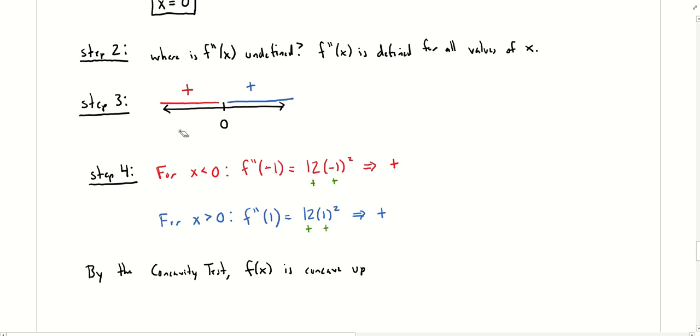So specifically, on the interval from negative infinity to 0, and, using the little union sign here, the other interval, 0 to positive infinity. Which means it's never concave down.